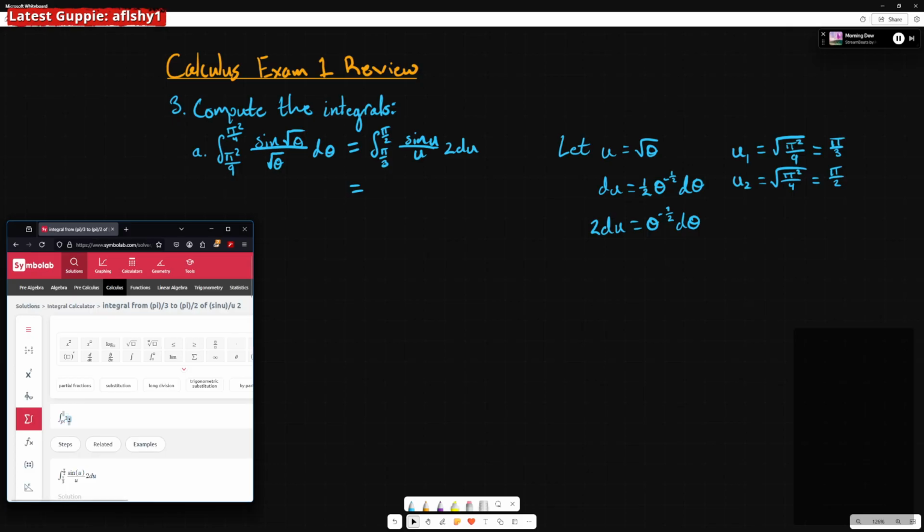Pi squared over 9, pi squared over 4, sine of the square root of theta over theta d theta.